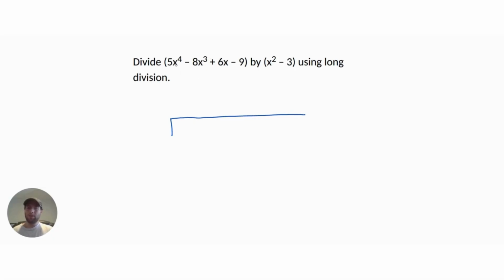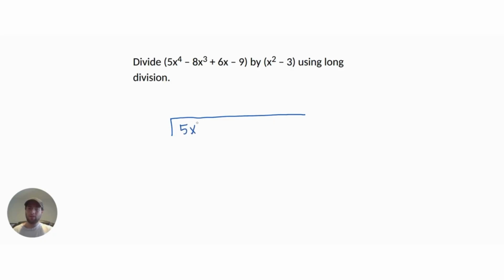But we want to be careful when doing this because let's notice that we have a degree 4 polynomial here, which is missing a term that is raised to the second power. When we write this polynomial underneath the division bracket, we want to make sure that we write a term for every degree that's less than or equal to 4. So let's go ahead and do that here.